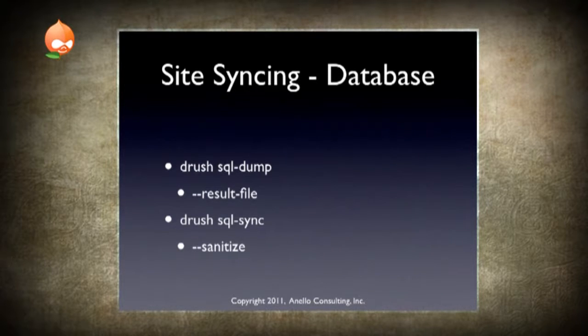You don't need to be doing that. And even from a security standpoint, if you want to give a new developer access to your development environment, do you really want to give them 50,000 email addresses of your users? Probably not. So you can use the sanitize command to scramble email addresses and scramble passwords.